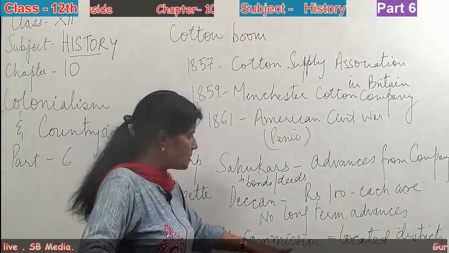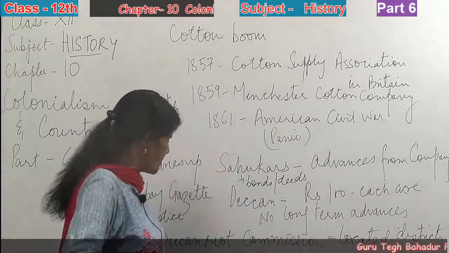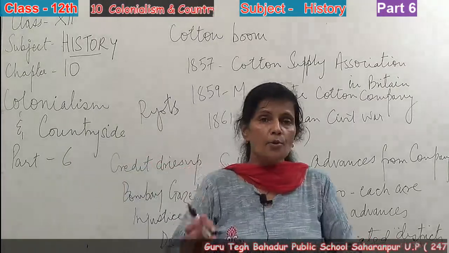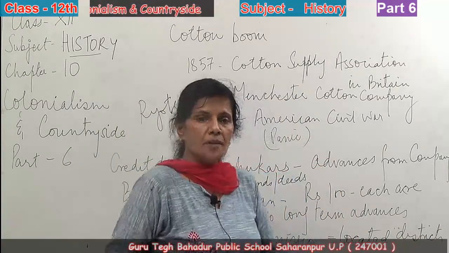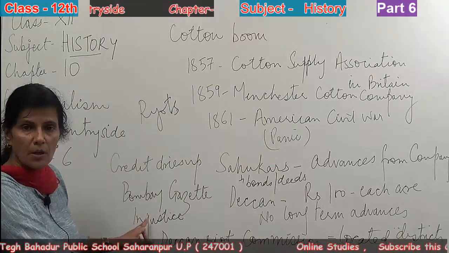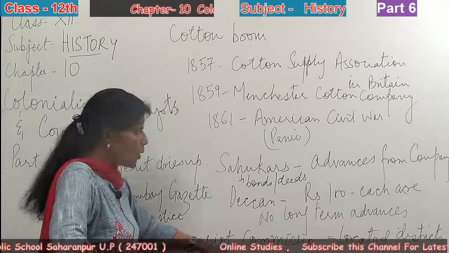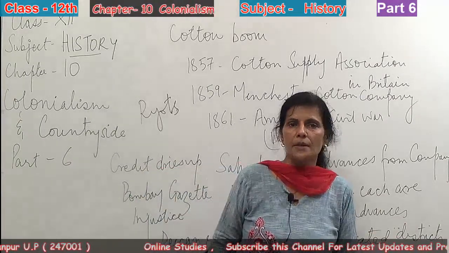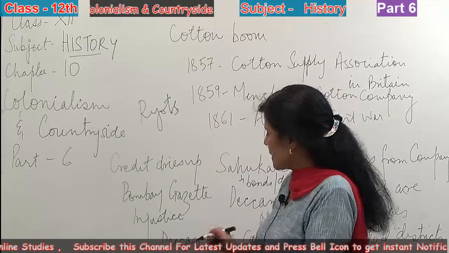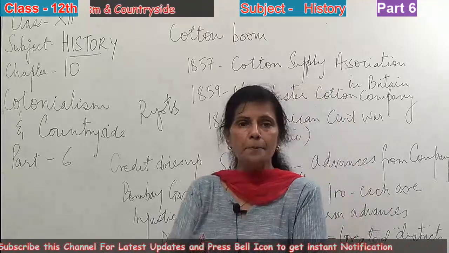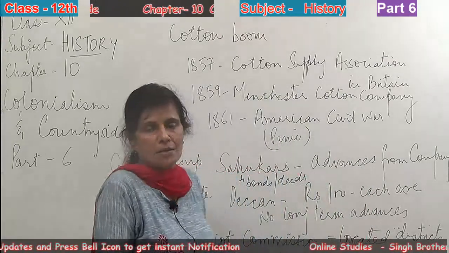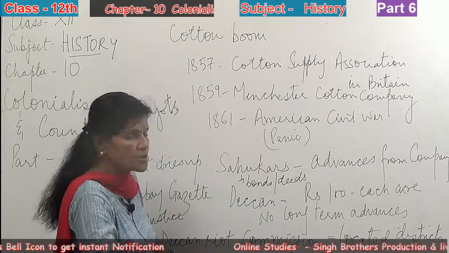So the Deccan Riots Commission was set up to locate the different districts in which injustices had been done to the ryots, what was going on by the sahukars and by the other people who were extending loans to the ryots, and what the grievances of the people were. This is also your 1 mark question and can be asked in objective types.